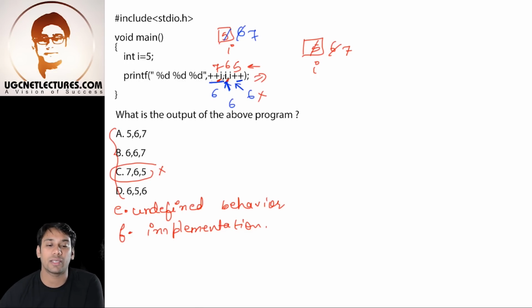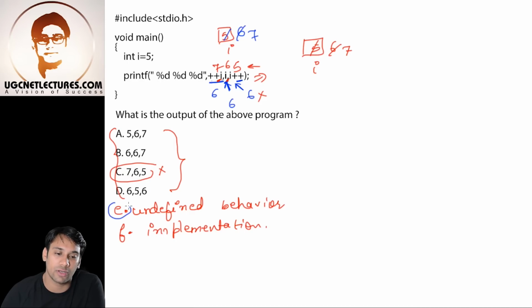If they have given all these options for this program, then all of these options are wrong. Actually, any option with numbers is wrong. Why? Because this program is going to have different outputs in different compilers, and this is due to undefined behavior, as I talked about in the previous class.